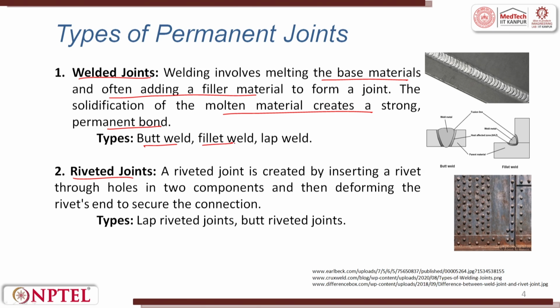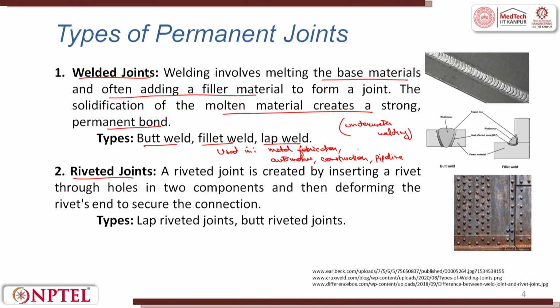Butt weld, fillet weld, and lap weld are the types of welding joints, and commonly these are used in metal fabrication, automotive, construction, and pipeline systems. Nowadays there is even underwater welding. So, multiple applications could be there.